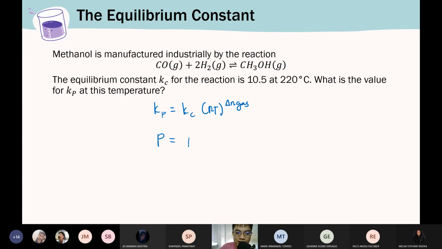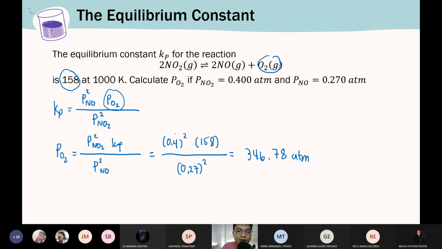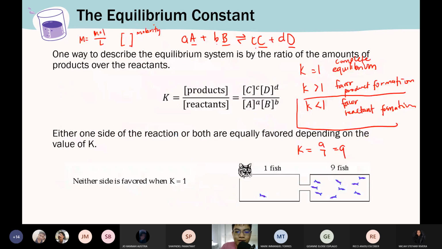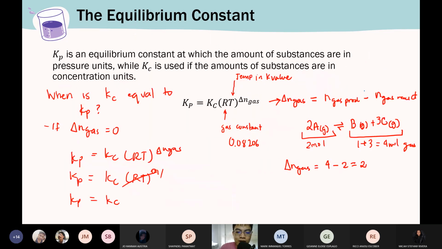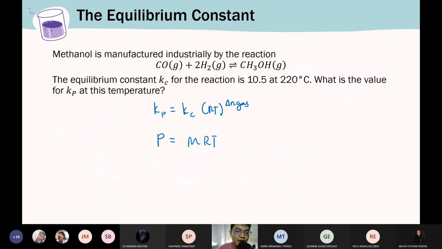Pressure equals MRT. Diba ito yung nakuha natin kanina sa ideal gas equation. M meaning concentration. So, ganun na lang isipin niyo. P is equal to MRT. So, pressure, Kc, RT. Para hindi niyo makalimutan. So, ano na?